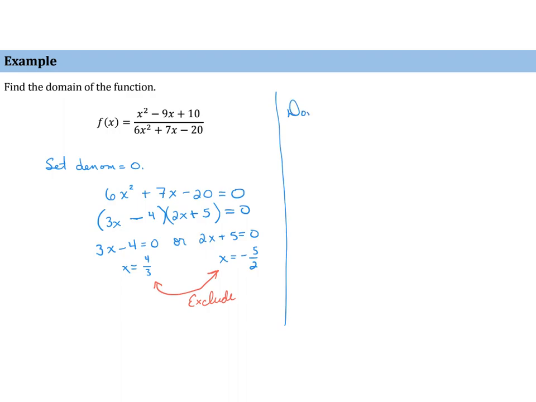So the domain will be everything from negative infinity up until our negative 5/2, and then everything from negative 5/2 to 4/3, and then everything from 4/3 to infinity.